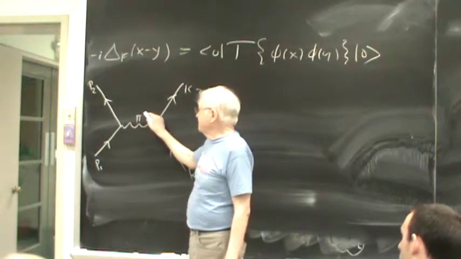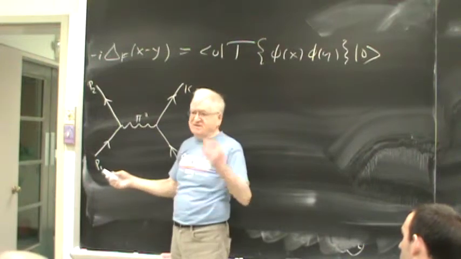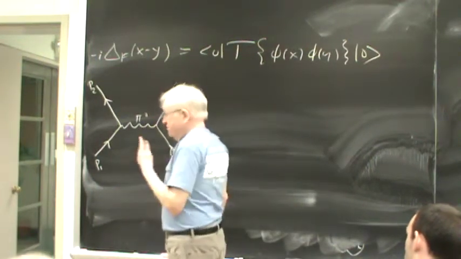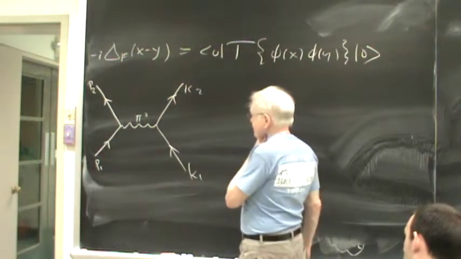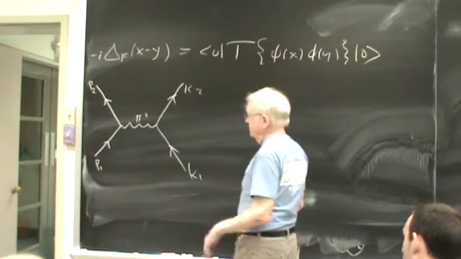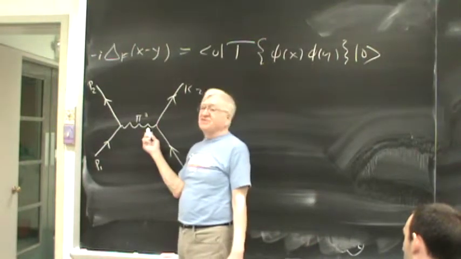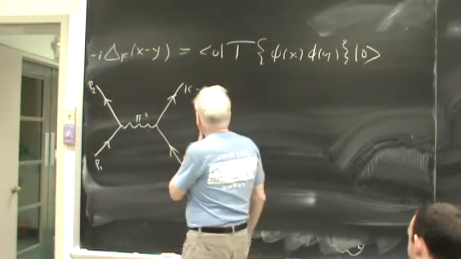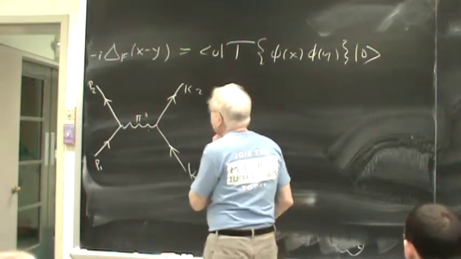This would be a pi 0, which has a mass of around 140 MeV over c squared, if we keep that. Keep that in mind. And so we say this is a virtual particle. It's exchanged. And what does that mean?